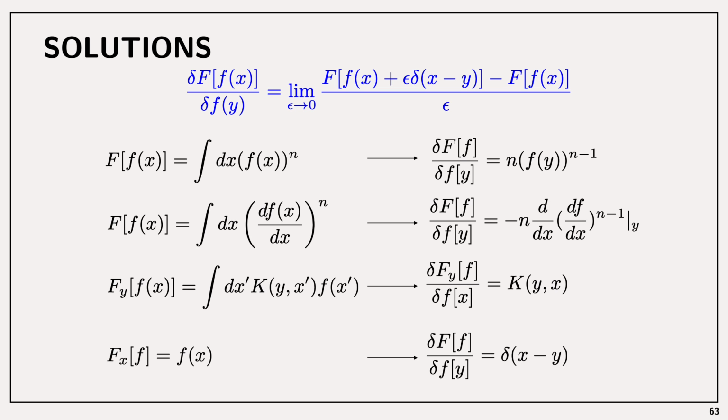I particularly like the last result, that if a functional is a function itself, then the functional derivative is just the Dirac delta at that point. When you think about it a little bit, with an intuitive picture using this little bump I showed you a few slides ago, that's a result that makes sense.